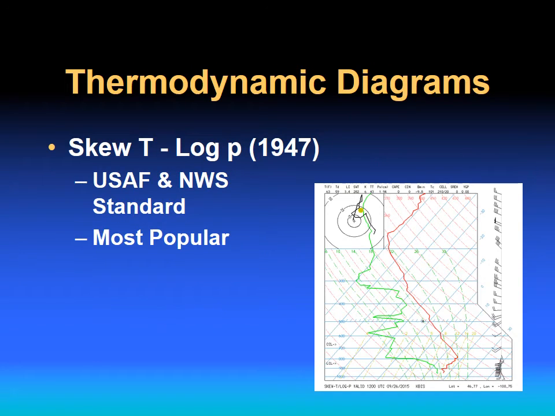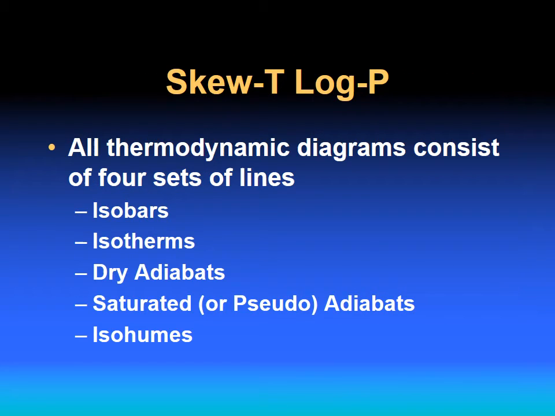But in 1947, with the advent of the United States Air Force, they had meteorologists and they came up with a better way. They came up with something called the Skew-T log P diagram. And this is what is used as the National Weather Service standard, and it's the most popular here in the United States.